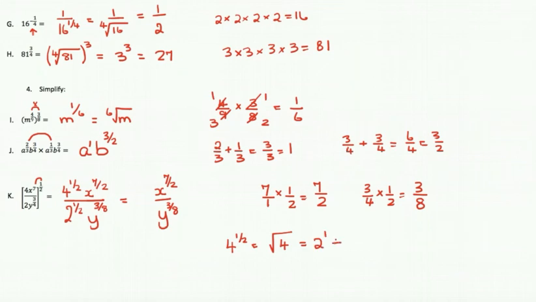If I divide 2 to the power of 1 by 2 to the power of half, which I'm taking from here, we need to subtract the powers. And so 2 to the power of 1 minus half ends up being 2 to the power of half. And so the answer will be 2 to the power of half x to the power of 7 over 2 over y to the power of 3/8.